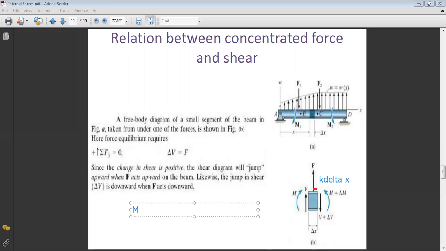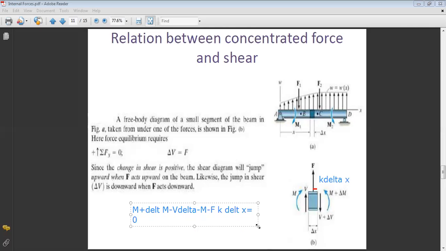You obtain M plus delta M, minus V times delta x, minus M, and minus F times the distance, which is k times delta x, equals 0.